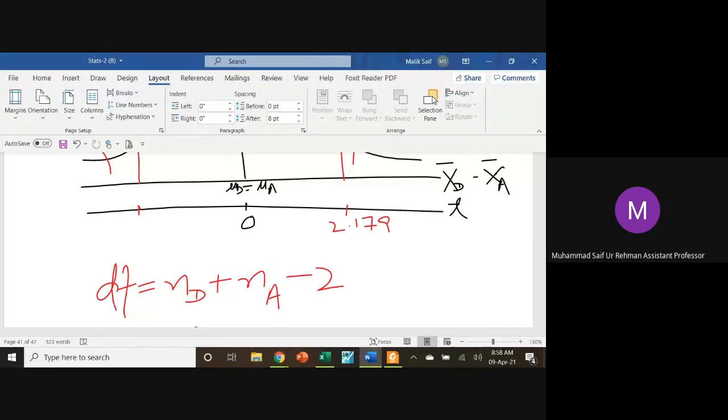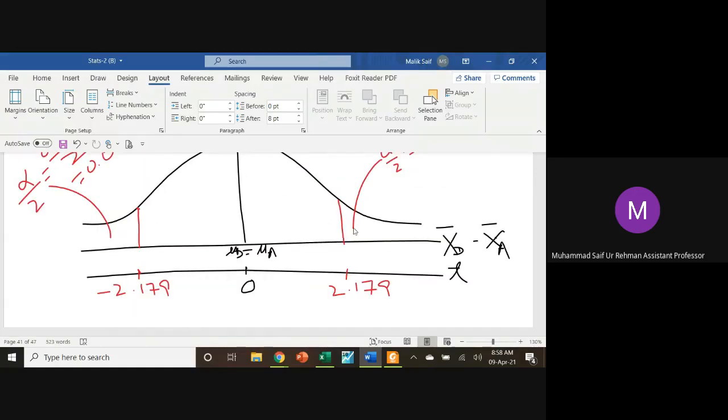2.179 will be written here, and minus 2.179 will be written over here. Fine. So now you are familiar with the concept that this region is the rejection region.